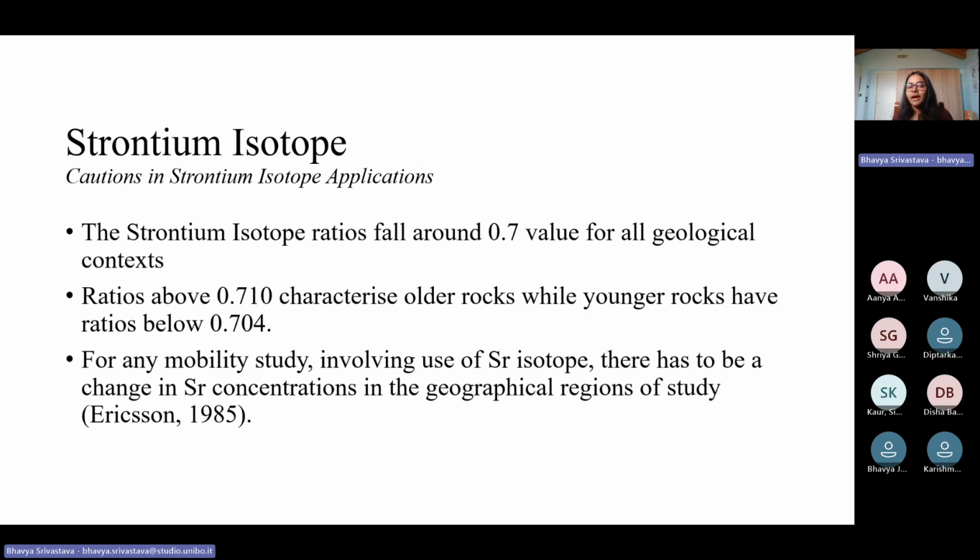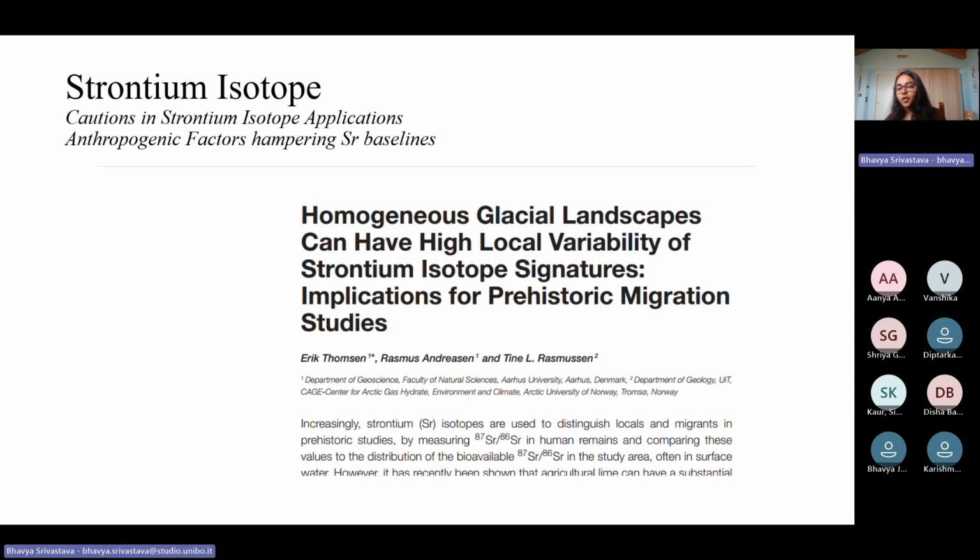And this was also pointed out by Erickson, who, if you remember, did the first study on strontium isotopes in movement. He said this at the very outset, that this problem can exist. Now, another problem that we have to talk about is the landscape that is bearing the natural strontium, which is changing. Yes, agriculture is there, urbanization is there.